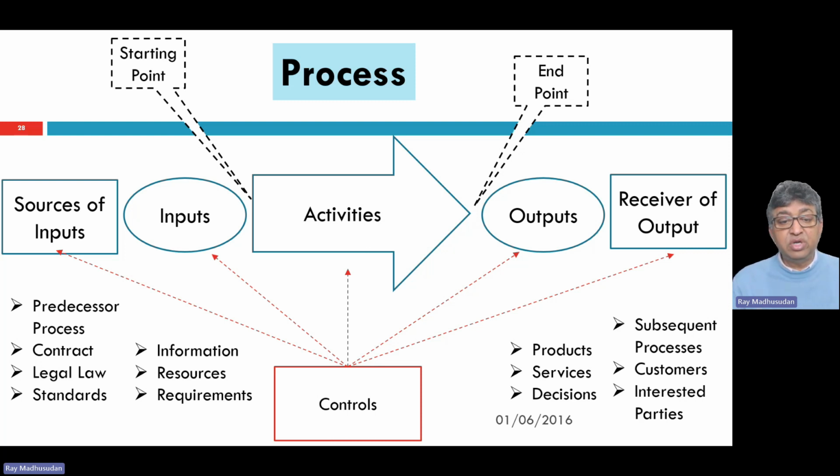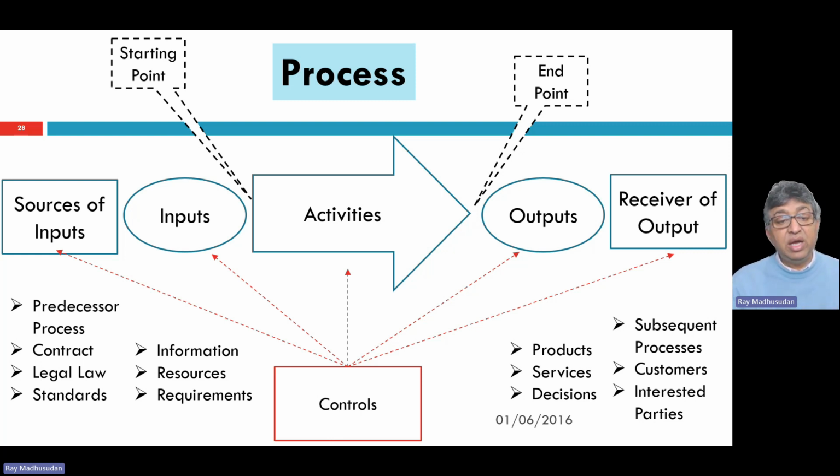Then you perform certain activities, chronological activities from the beginning till the end. Then you get the output, which is the product itself. And once you get the output, there is a receiver of the product. Once I have ordered and given the input, I am the receiver of the cappuccino that Starbucks has made.